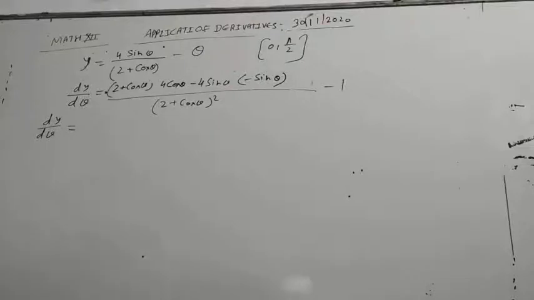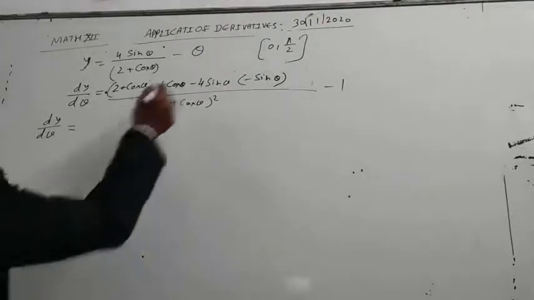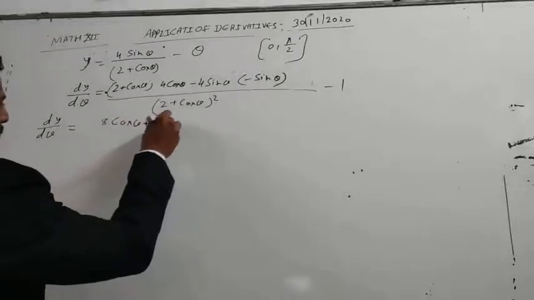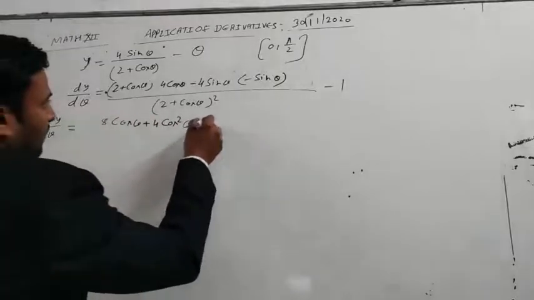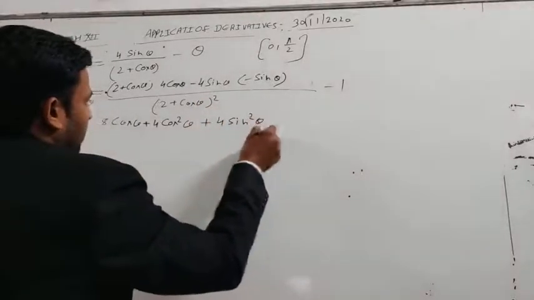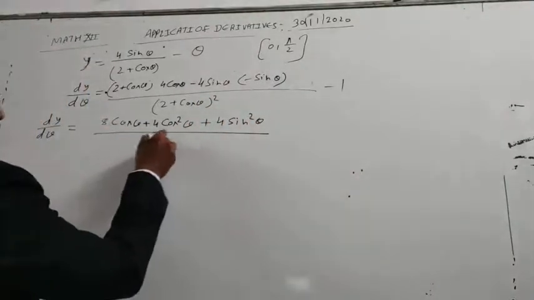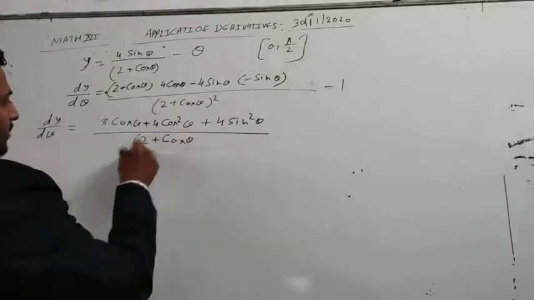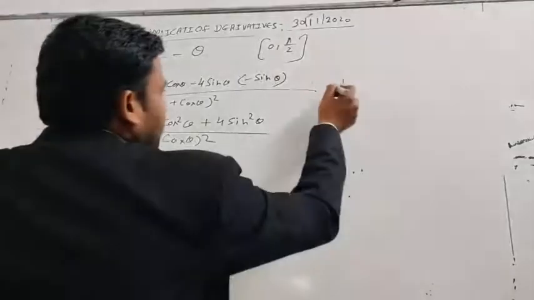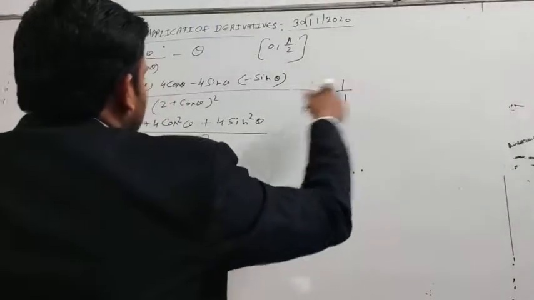Okay. Now we will multiply this. We get 8 cos theta plus 4 cos square theta plus 4 sin square theta by 2 plus cos theta whole square. Okay. Now this is minus 1. So we will take the LCM.